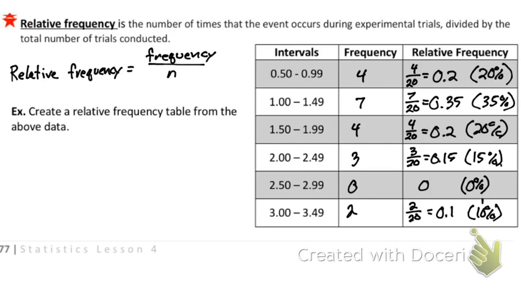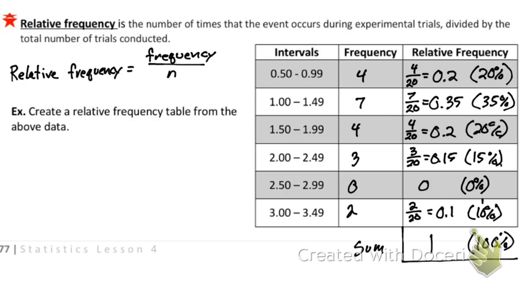I do want to talk about something really quick. What do you think this adds up to if I do 0.2 plus 0.35 plus 0.2 plus 0.15 plus 0.1? EJ, it's going to equal 1 because it's 100% of our data. So if I asked you to find a sum of this, you'd come up with 1 or 100%.